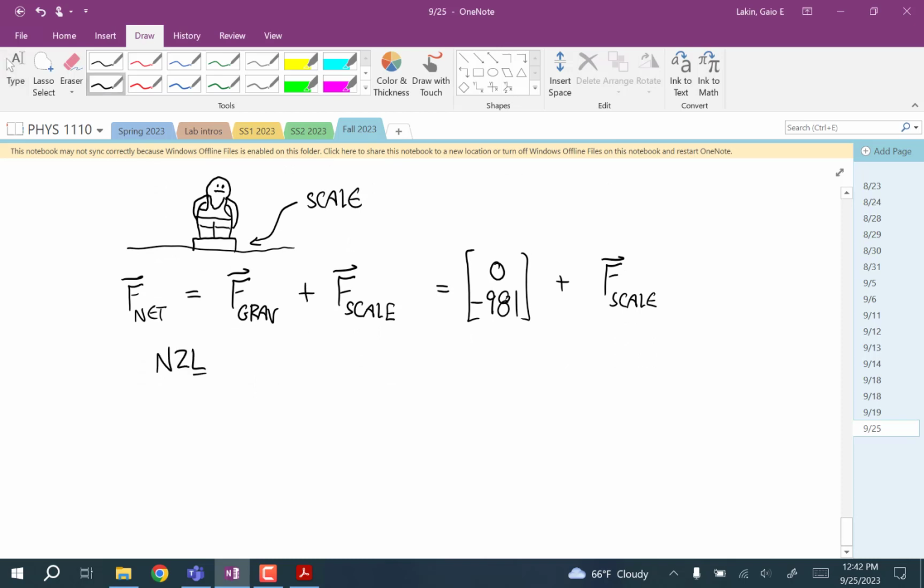So Newton's second law then says 0, negative 981 plus the force applied to the man by the scale is equal to the mass of the man times his acceleration. If he's just standing there not moving, what's his acceleration? 0.